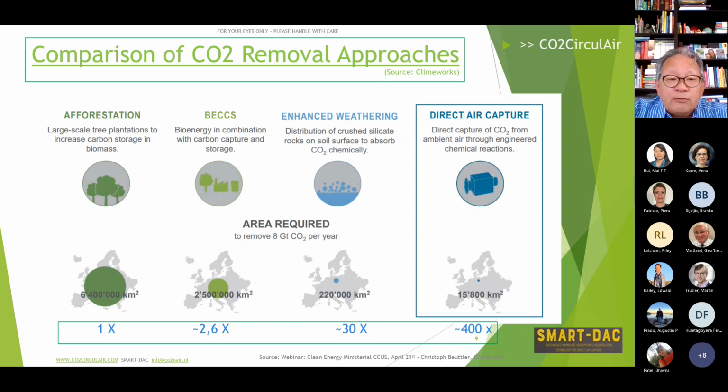For BECCS it's a factor 2.6, for enhanced weathering a factor 30, and for direct air capture a factor 400 compared to planting trees.